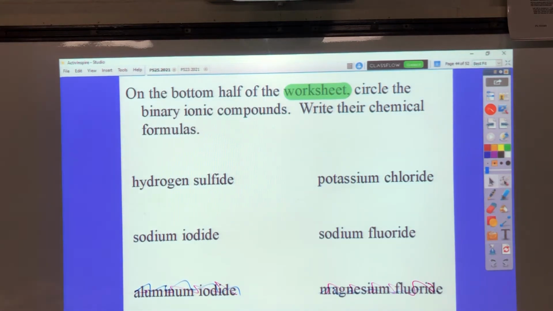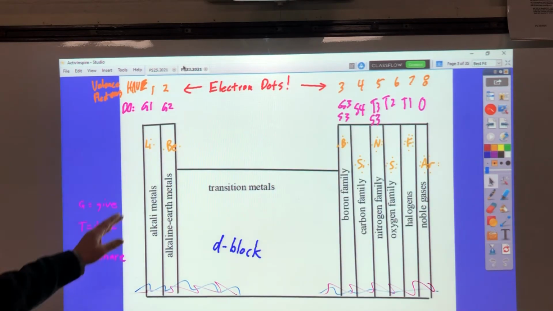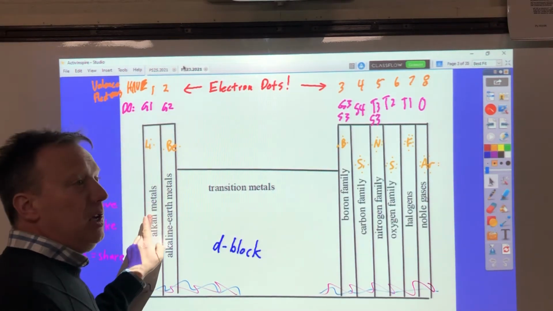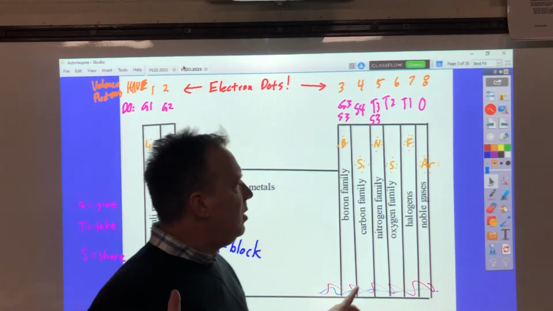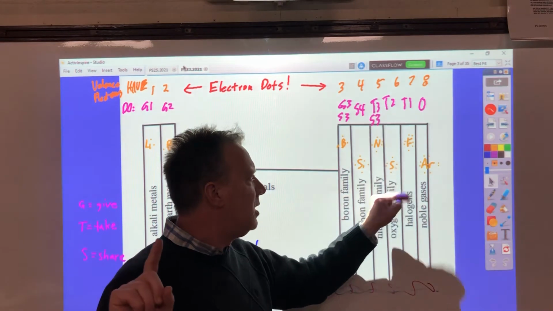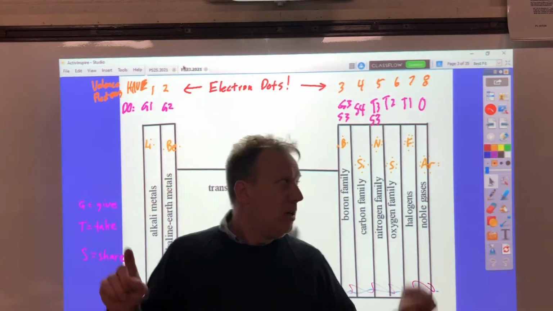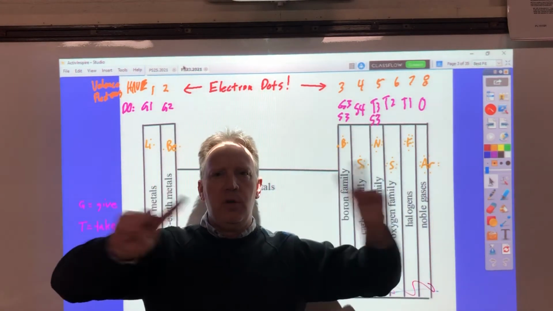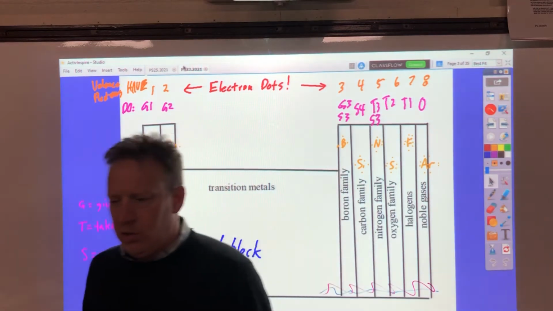So how do you write their names? Well, you look up the 2 things. Hydrogen sulfide. Hydrogen's over here in the give 1 family. Sulfur's over here in the oxygen family, taking 2. This has an oxidation number of +1, oxidation number of -2. These don't match.